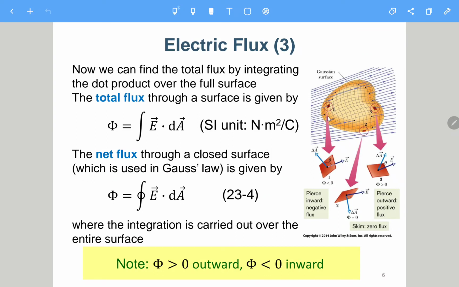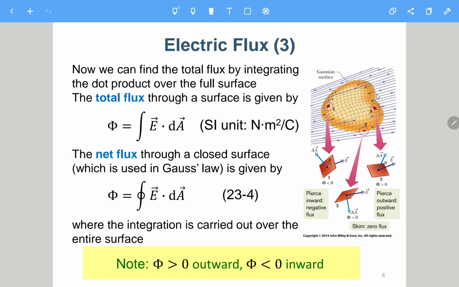It's just like a heart. So this is the Gaussian surface we define, and then we divide this Gaussian surface into many small areas, and then we can find d phi for each part. And then we add all of them together so that it is the total flux phi.